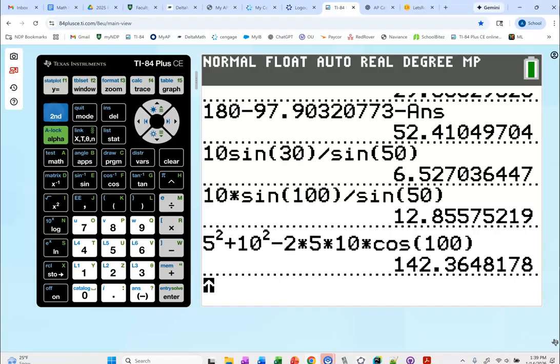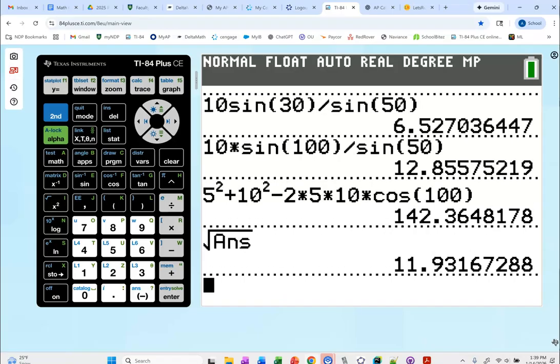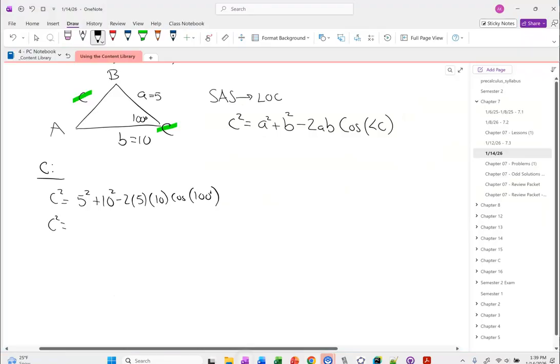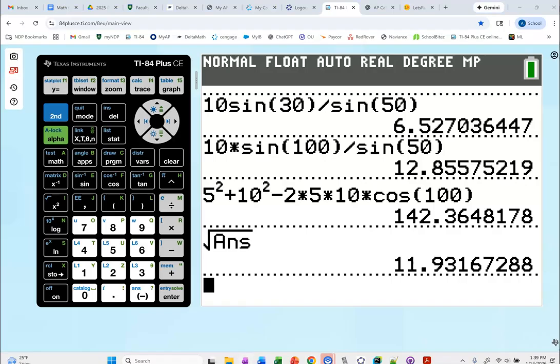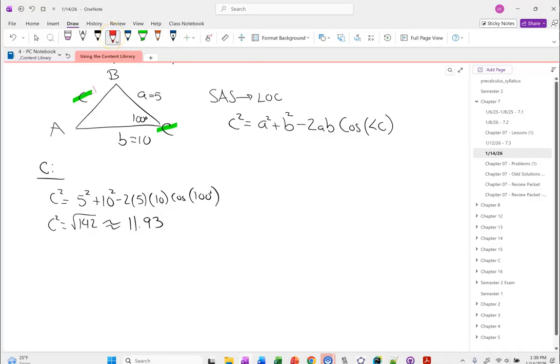You want to get C. So I have to square root that. Is that 11.93? So C equals 11.92. If you're going to round, I would say 2 decimal places.